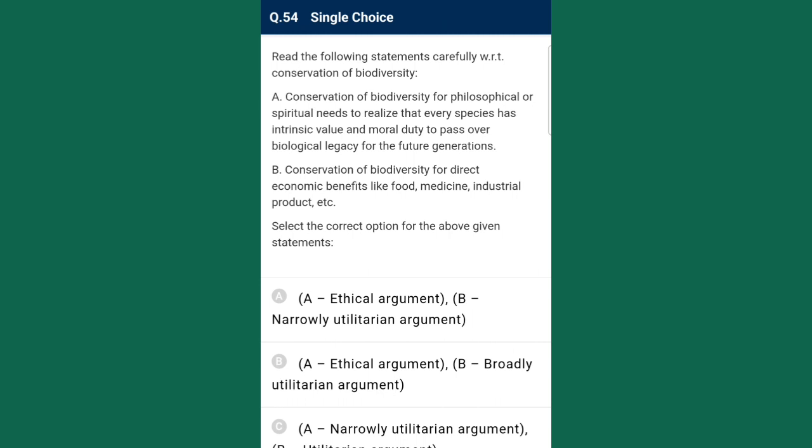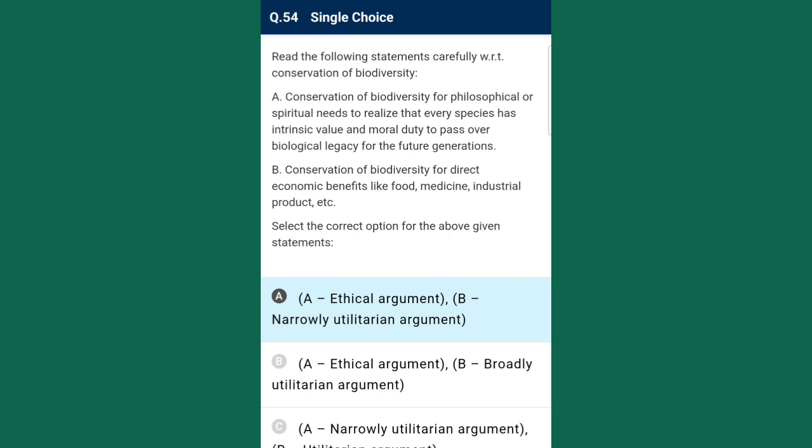Our moral duty is to care for their well-being and pass on our biological legacy. This becomes an ethical argument as it is factually true. Hence, we have to conserve biodiversity. So the answer for this question is option A.